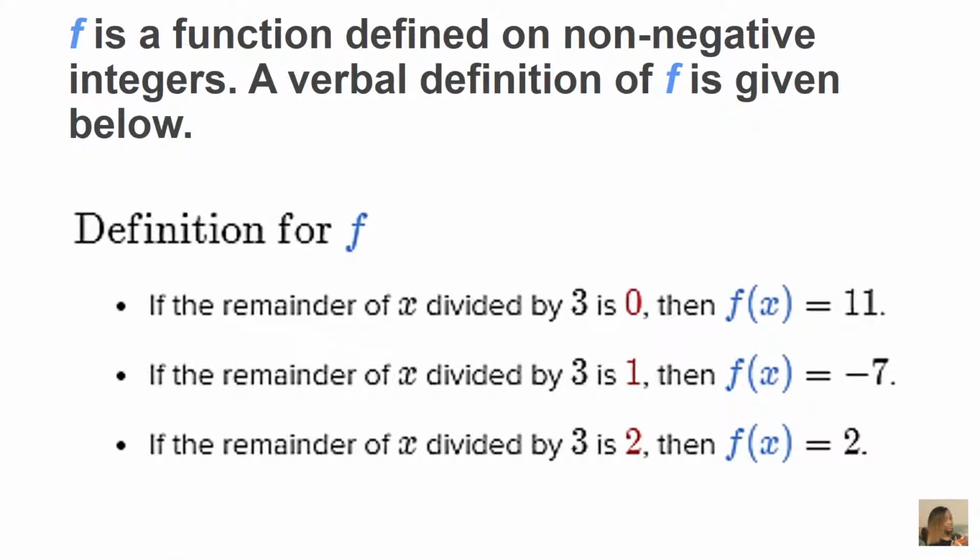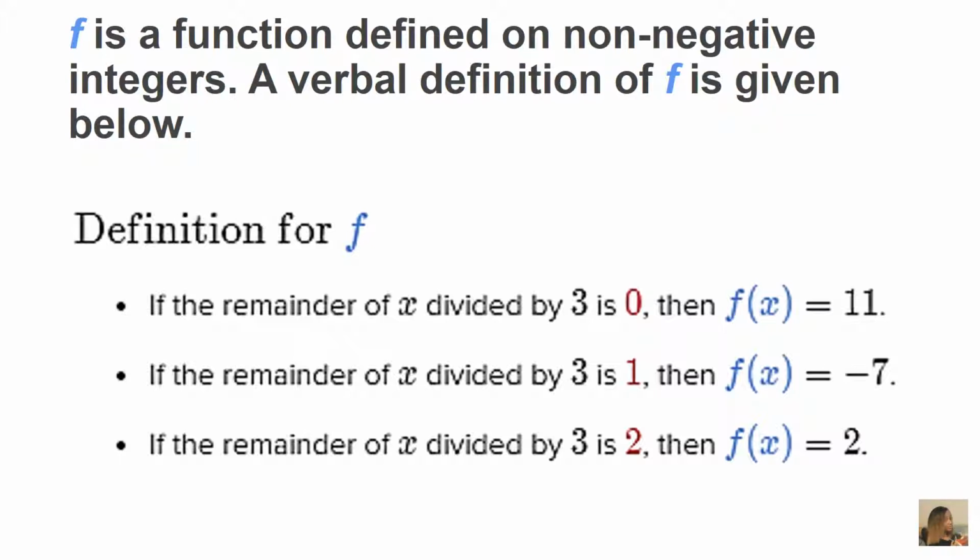Now let's determine whether or not f displays periodicity. This might seem a little strange to you because we're just given 3 stipulations to define f, but those 3 stipulations are what establishes its periodicity.